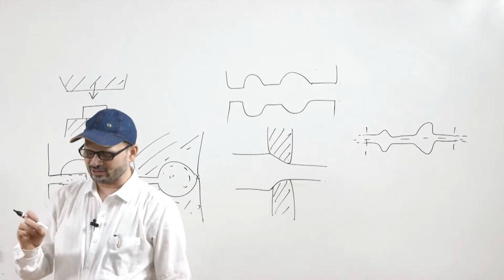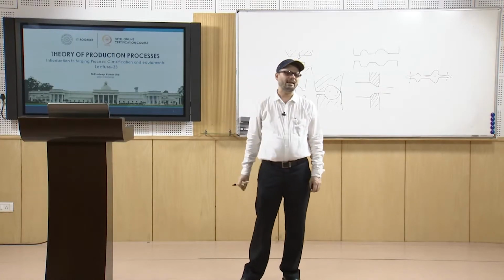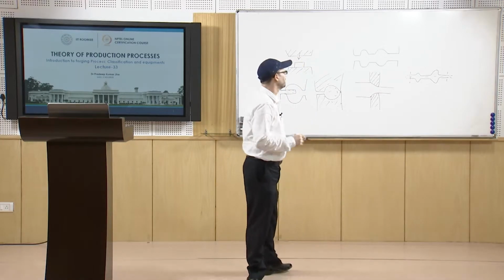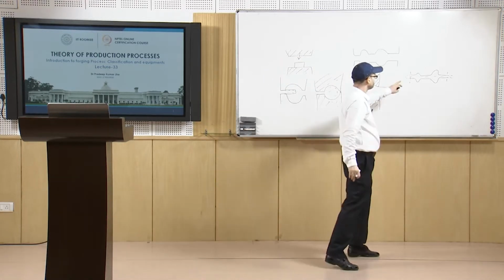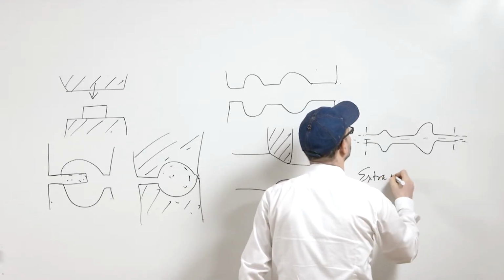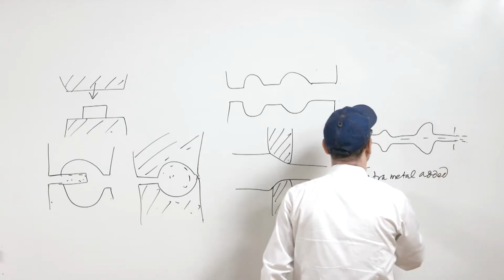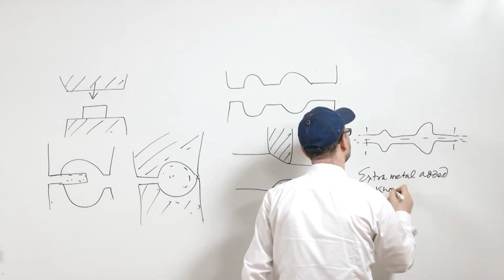This extra material comes in the form of a thin ribbon. That extra material is known as the flash. So, the extra metal added is known as flash.